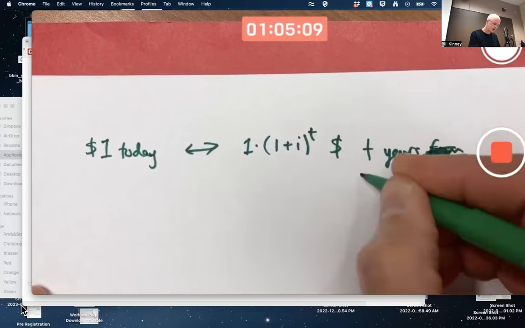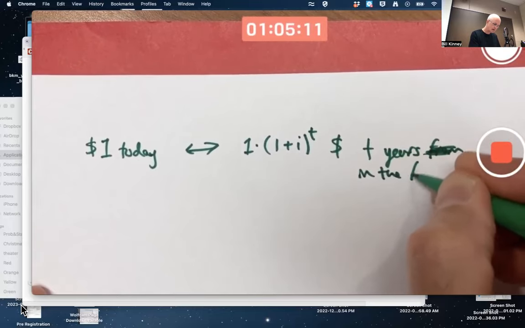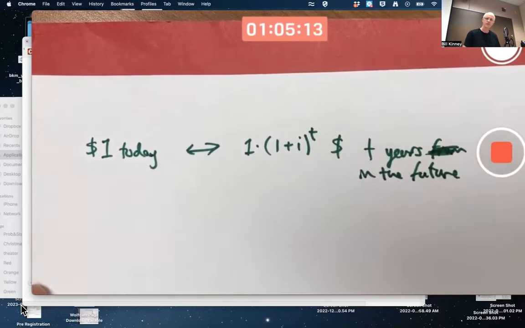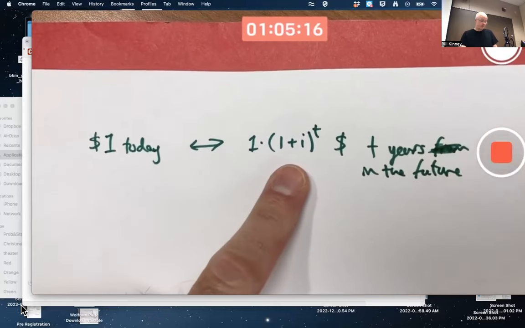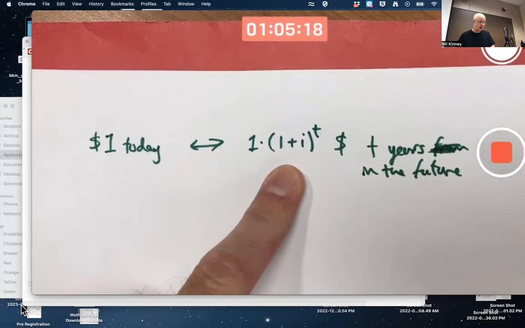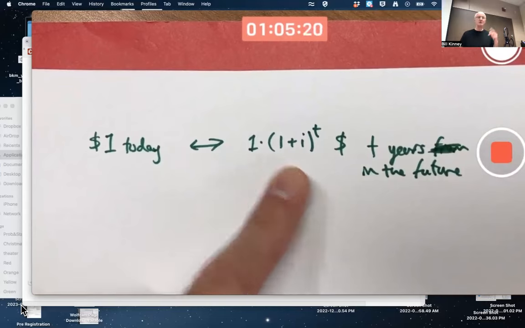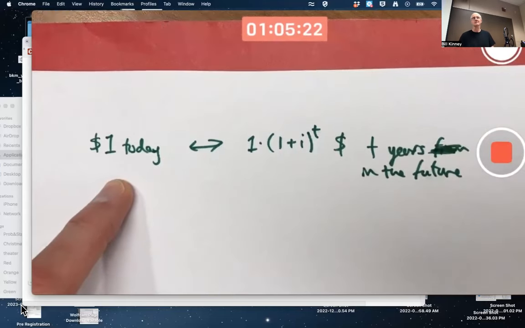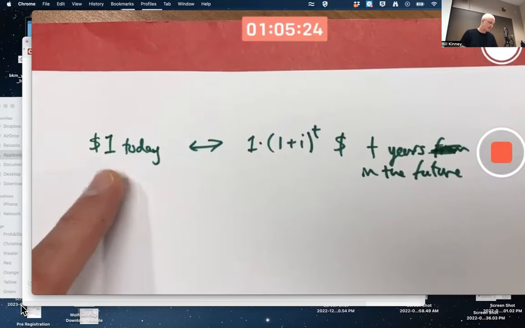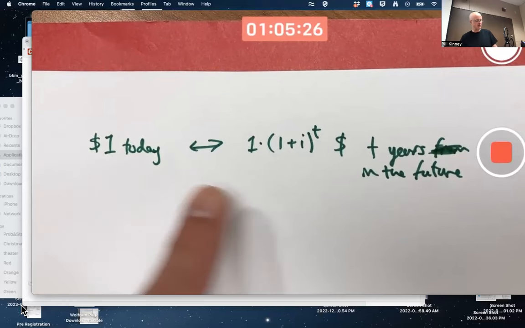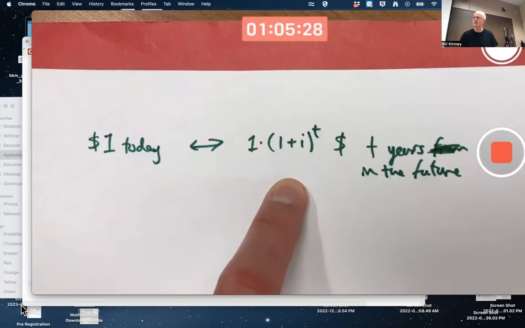Well, t years in the future. We say this thing, (1 plus i) to the t, is the future value of $1 now. Another way to say that is $1 now is the present value of (1 plus i) to the t dollars t years in the future.